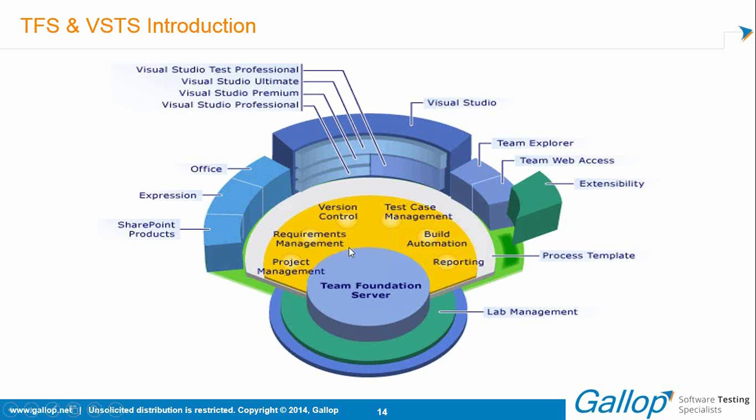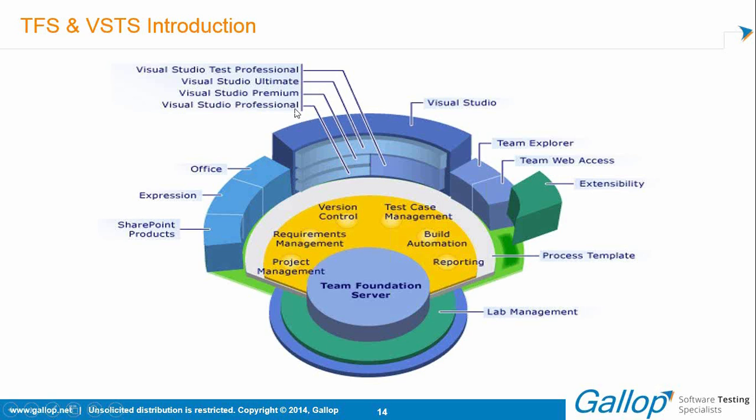Okay, so if you look at Visual Studio, these are the various types of subscriptions of Visual Studio, which offers Test Professional, then your Ultimate, Premium, and Visual Studio Professional and all that. Each one of these offerings has certain components enabled or disabled.